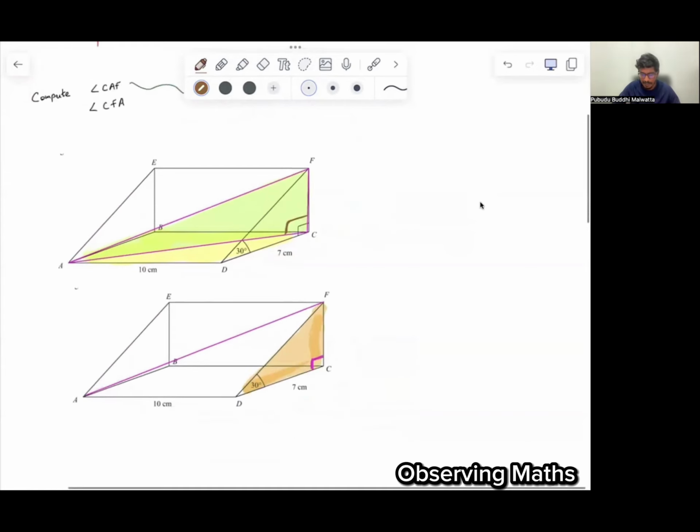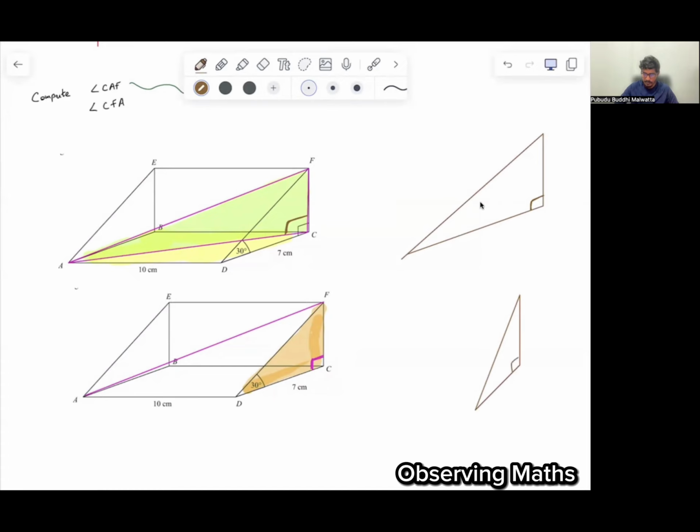Now I'm going to draw that triangle here. 90. And this one, that's also 90.